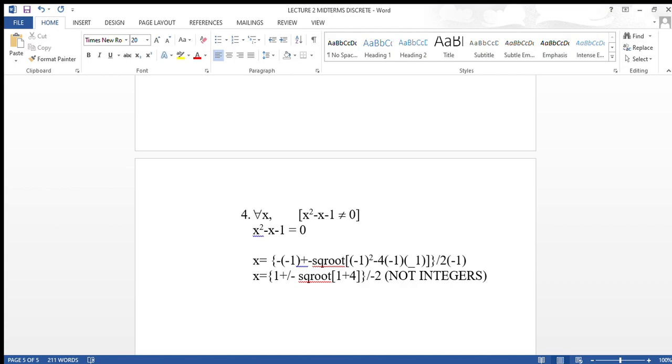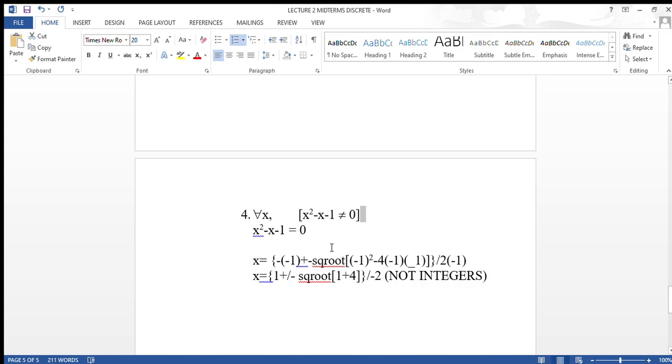Okay, so let's now analyze. Let's go back to this one. So if you want to continue with the roots of x, just solve for the roots of x. You will get 1 plus or minus the square root of 5 all over minus 2, which means that since the square root of 5 will not give us an integer, then the possible roots will not be integers.